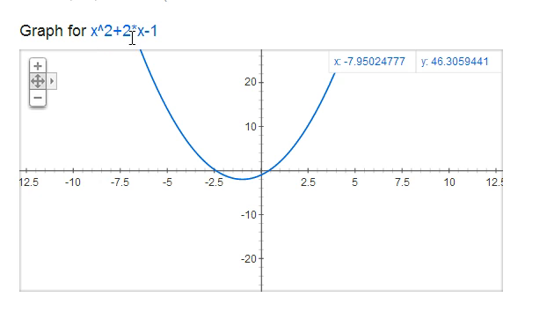So here's our function, x squared plus 2x minus 1, and we're going to want to find where this function is increasing and decreasing, and the point at which it's either a minimum or a maximum, or maybe there's more than one point. There could be a min or a max.